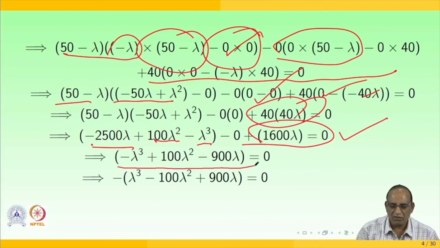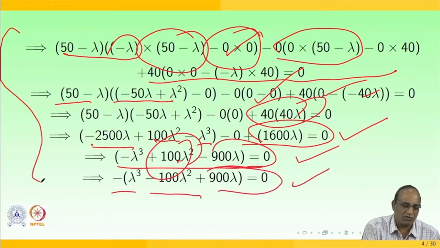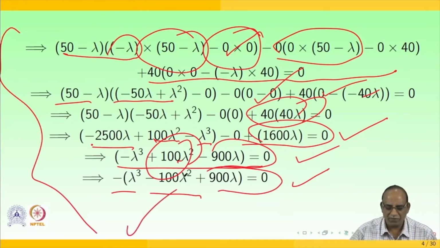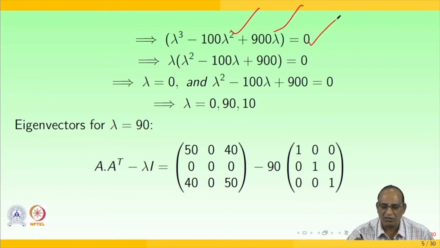Then I will have minus lambda cube plus 100 lambda square minus 900 lambda equal to 0. So the simplification turns out to be a cubic equation: lambda times lambda square minus 100 lambda plus 900 is equal to 0.